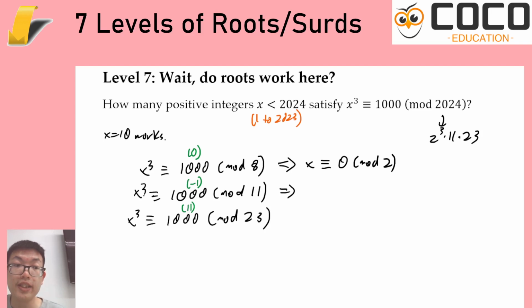For this one, if x cubed is congruent to 1000 mod 11, which is negative 1, if you just listed out all the possibilities, you're going to end up with only one possibility, which is x is actually negative 1 mod 11, or 10 mod 11 if we want not to be excessively fancy. We know that 10 works, so 10 works there. This is actually the only solution for mod 11, and likewise for mod 23.